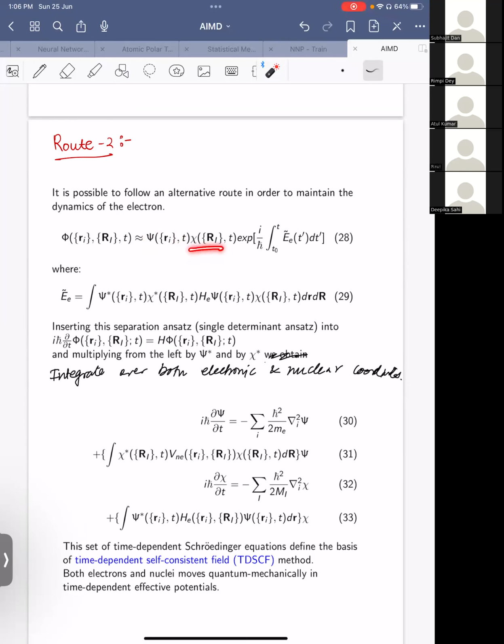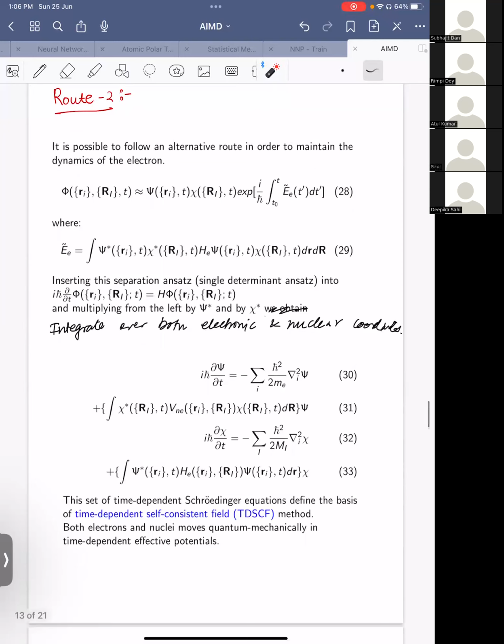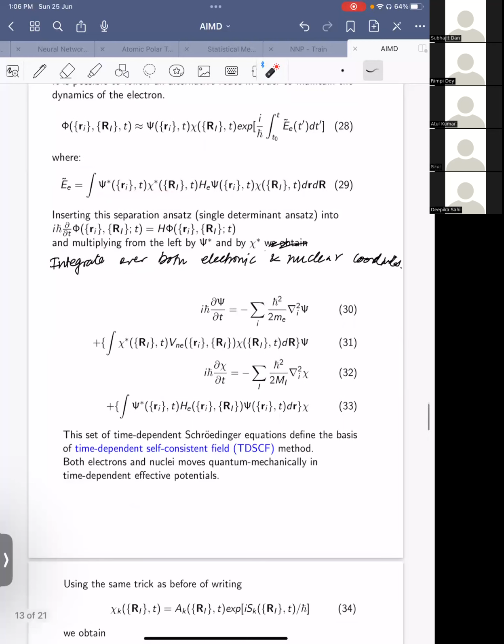This is the nuclear wave function, and this is some phase factor which is introduced to make the final equation simpler. This is our energy E, which is averaged over the electronic and nuclear wave function, and H is the electronic Hamiltonian.